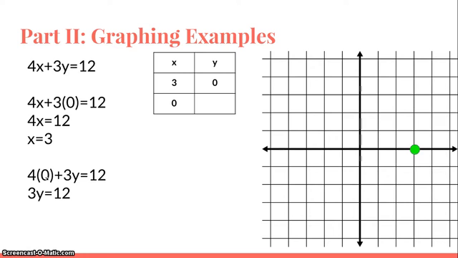Divide both sides by 3, and I end up with y equals 4. So I will now have (0, 4) as my y-intercept. Count up 4 spaces on the y-axis. I'll get this red point here. Connect the dots, and again, like I mentioned before, that's all it takes. You find those 2 points, connect the dots, and there you have a graph for a linear equation.